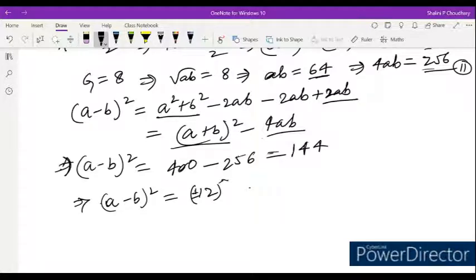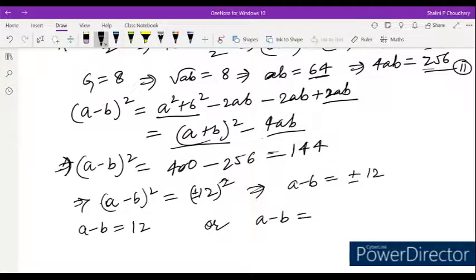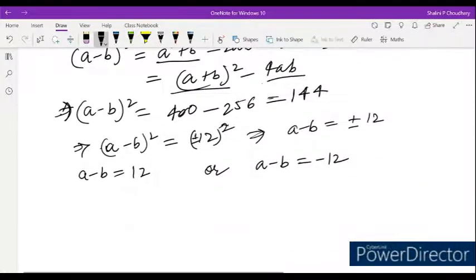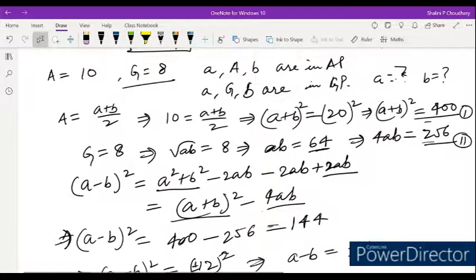It means a minus b will be equal to plus minus 12. So first we will take a minus b equal to 12, and a minus b equal to minus 12.